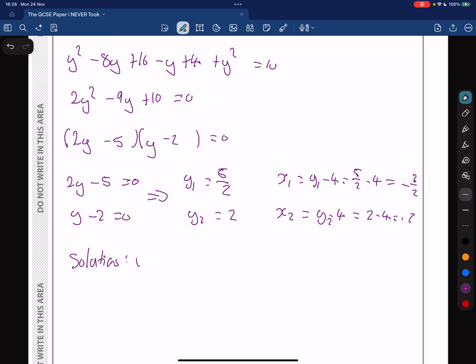We've got minus 3 over 2, 5 over 2, which is A, and then we've got B as well, which is, no, I've got that wrong, apologies guys. This is actually like an A-level question, it's quite tricky.